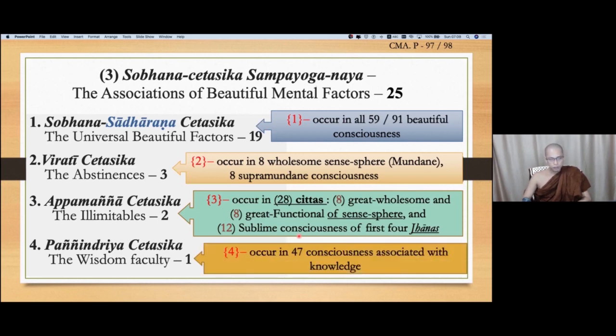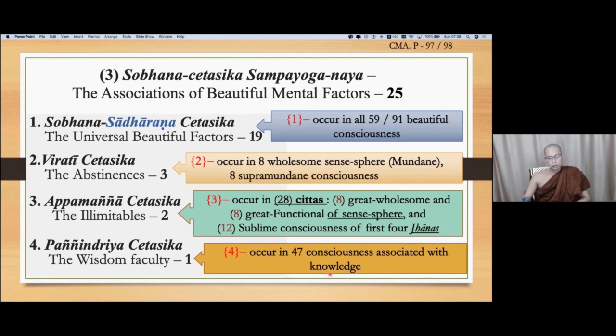Then the last one, the Pannindriya Cetasika, the wisdom faculty. It can occur in 47 consciousness associated with knowledge. Because Panna and knowledge, Nana, they are the same.